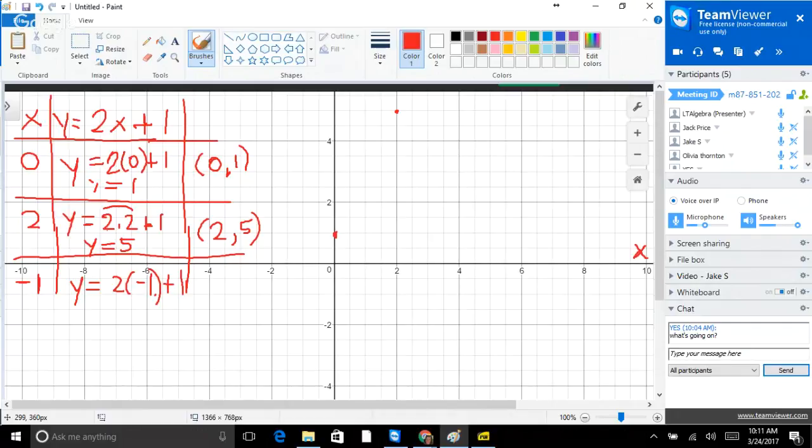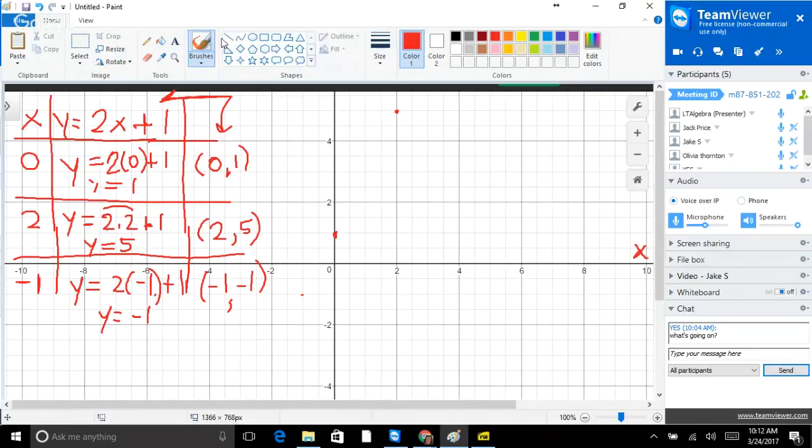So -2 plus 1 would be -1, right? So another point is -1, -1. All of these coordinate points are answers to this equation. So that point is at -1, -1, down here.